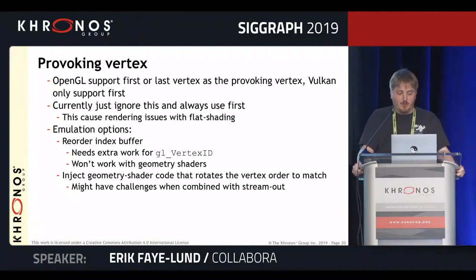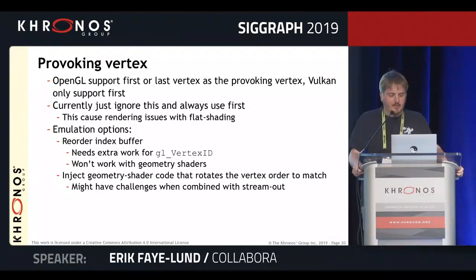This, of course, causes rendering issues with applications that use flat shading. We have some options for emulation here. I have an implementation that rewrites the index buffer, but it leads to some other problems. So my plan is to switch to a geometry shader that reorders the vertices instead. That might also have some difficulties, but I think those are easier to solve.